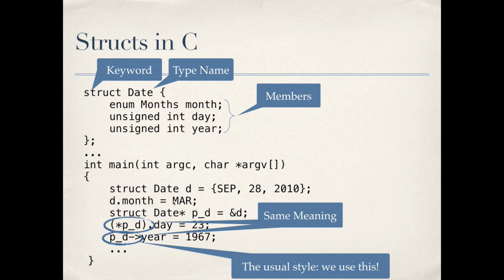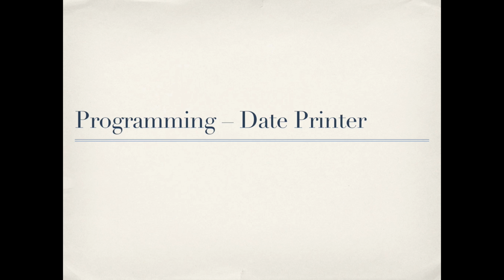I've shown you the other one only because it's directly understandable out of the pointer notation of C. And if you see very old C programs which were programmed according to a standard of the early days of C, you could even see such constructs here because this arrow notation was introduced in a later standard. So this is a good time to go to another programming session and to see how structs in C work.